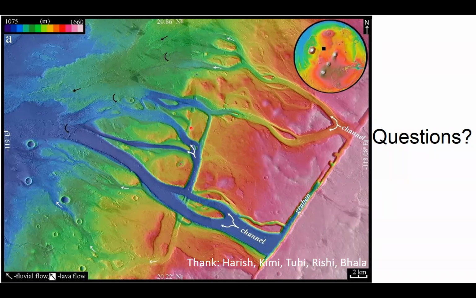Here on the screen, the black arrows indicate the lava surface. That means it has platy ridges over the surface, whereas within this crater there are no such ridges. That means these kinds of mid-channel islands and branching features only fluid-related activity will form.